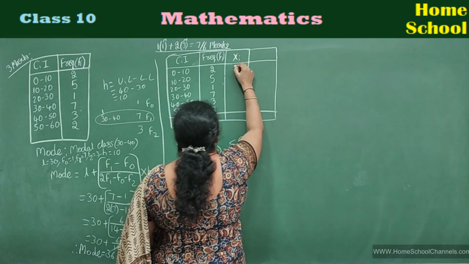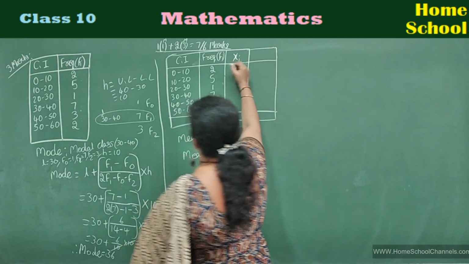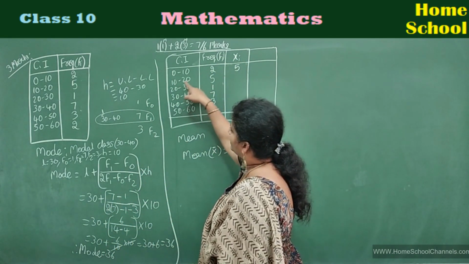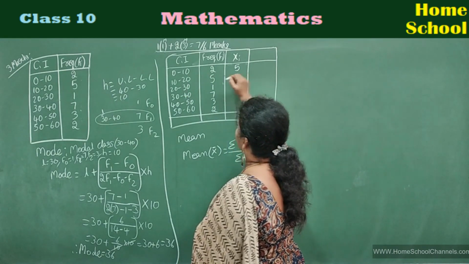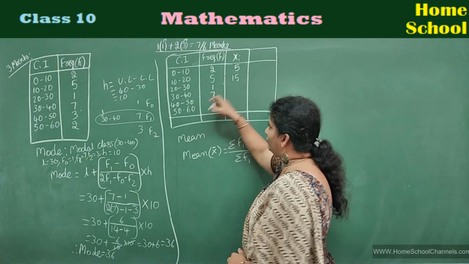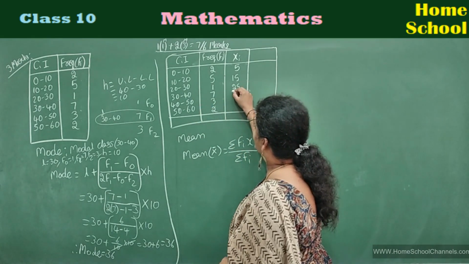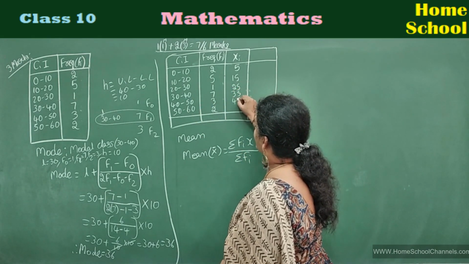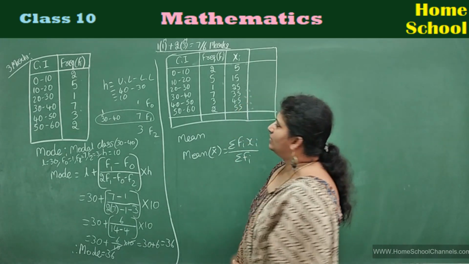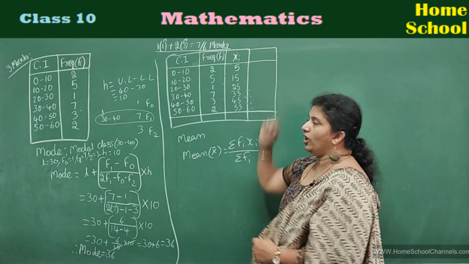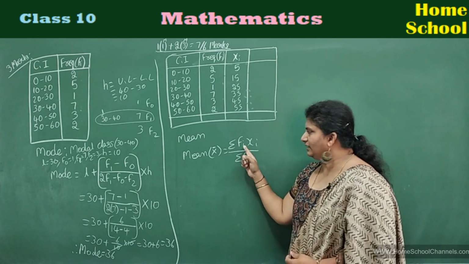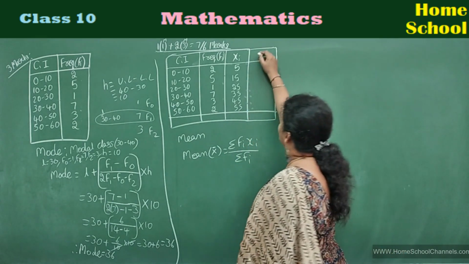0 plus 10 will be 10. 10 by 2 will be 5. 10 plus 20, 30. 30 by 2 will be 15. 20 plus 30, 50. 50 by 2 will be 25. In the same manner you can proceed: 35, 45, 55. Next column, what do you need to calculate? fi xi.